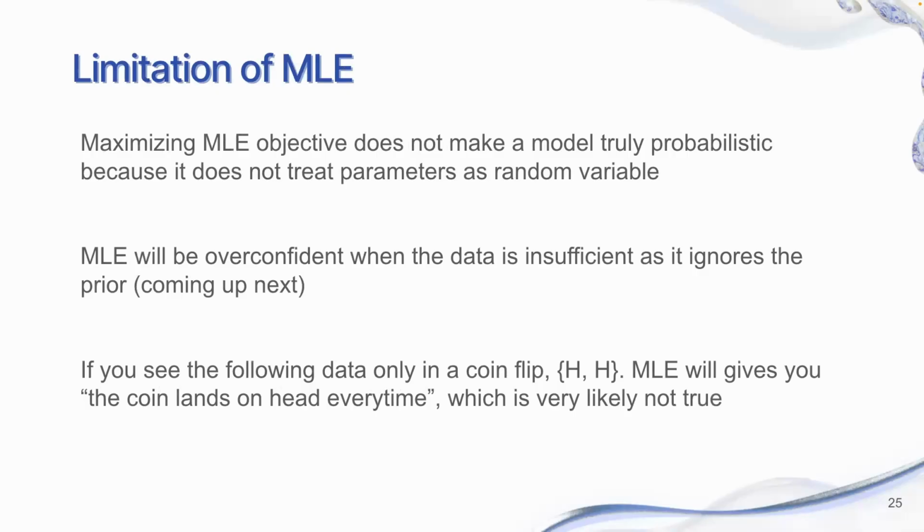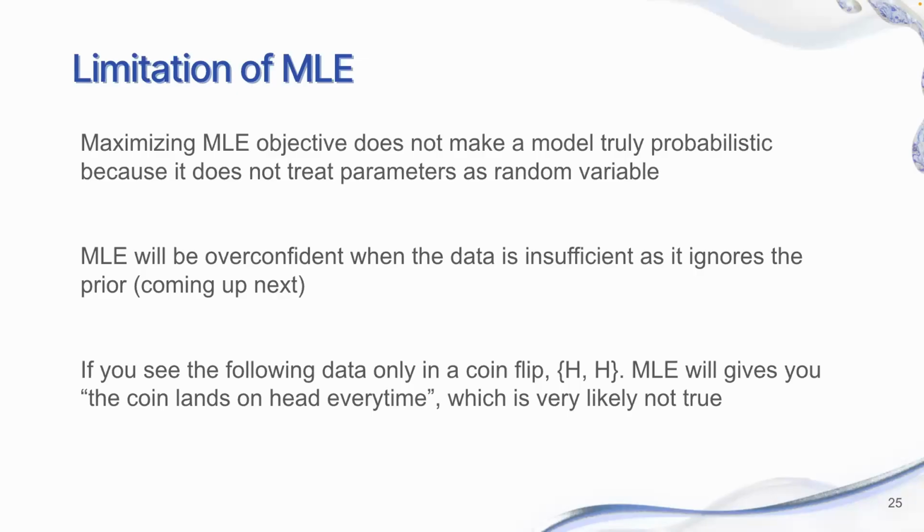And now the limitations of MLE. Maximizing the MLE objective does not make a model truly probabilistic, as you've seen so far, because it doesn't treat your parameters as random variables. Also, MLE sometimes will be overconfident when the data is insufficient, or it ignores the prior, which is coming up next.